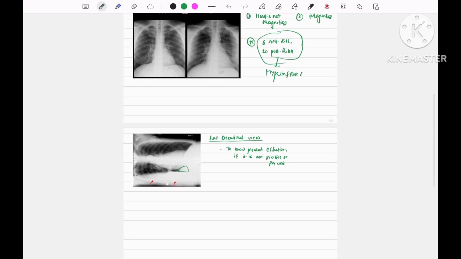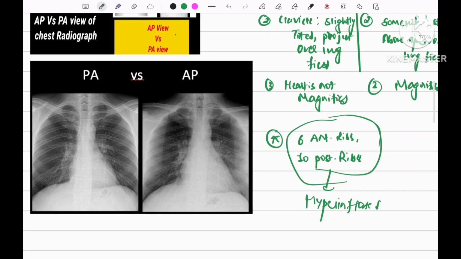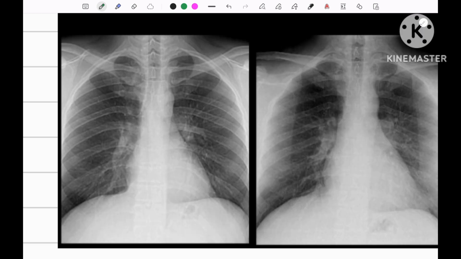Now let's talk about the inspiration and expiration. Now we will know about the X-ray at inspiration and expiration.